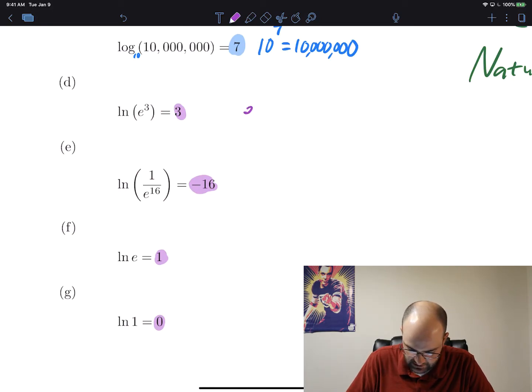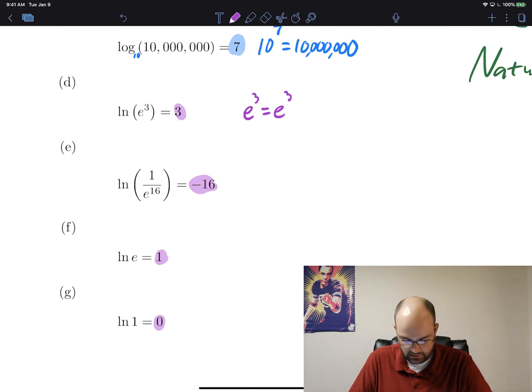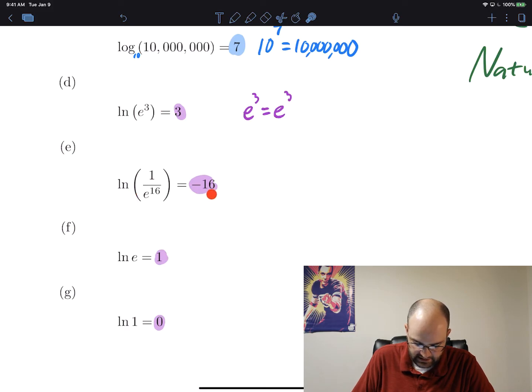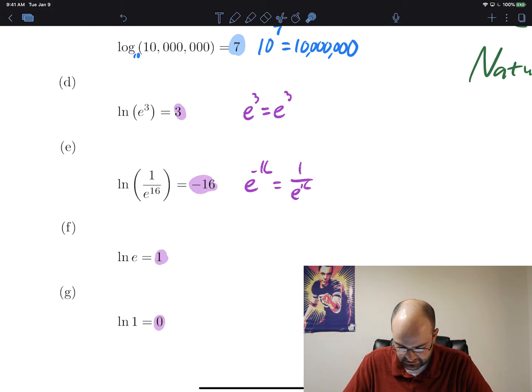So that means we have e cubed, because we have a base of e, then cubed, equals the argument, e cubed. It's kind of weird. E cubed equals e cubed. It's not that hard. Over here, base of e to the negative 16 equals 1 over e to the 16. And that's just true, because anytime you have a negative exponent, it flips this entire thing to the denominator with a positive exponent.